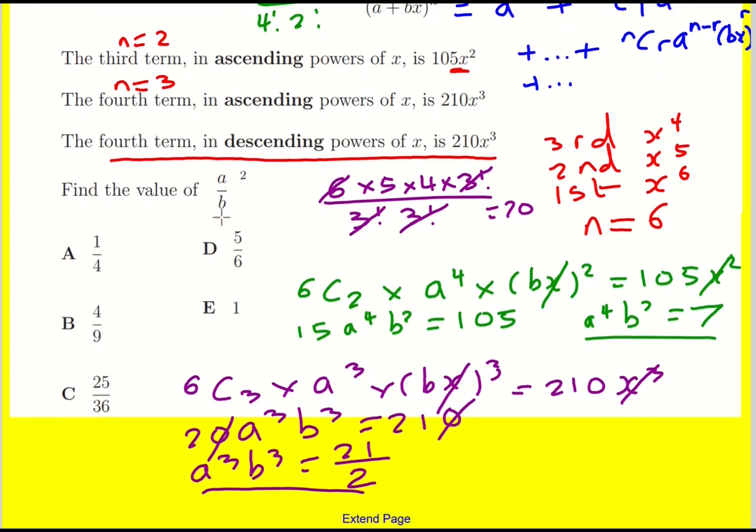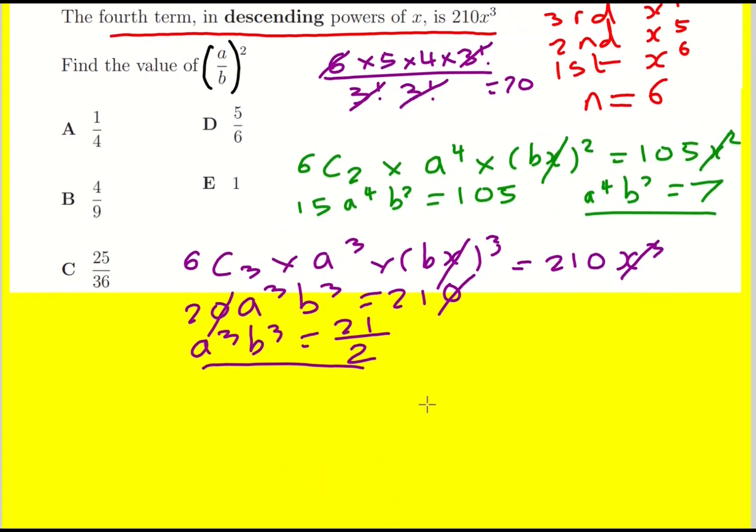And we're actually asked for a over b squared. So what I can do is take the a cubed b cubed, and no, other way around. I want to do a to the 4 b squared and divide by a cubed b cubed, because that will give me a over b.